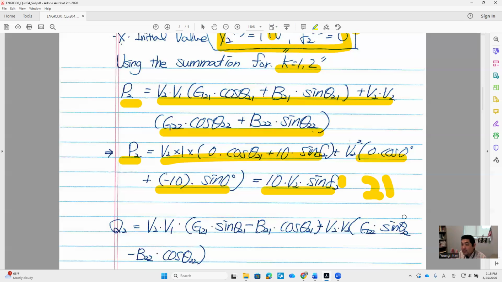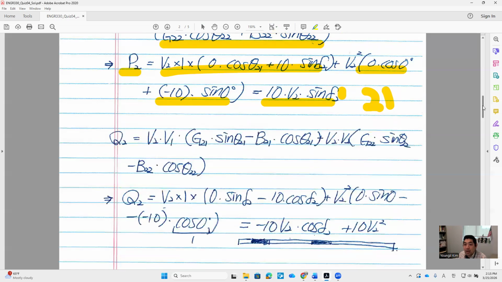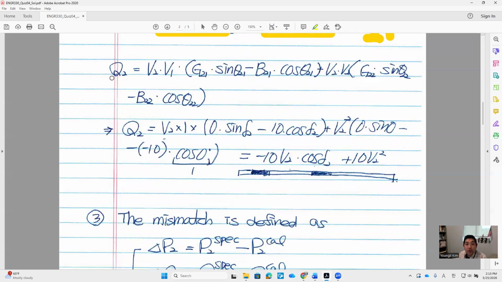But delta sub 2 1 is delta sub 2 minus delta sub 1. Delta sub 1 is what? 0. Okay, so that is what I want to do. And then Q sub 2 is V sub 2, V sub 1, G sub 2 1 times sine zeta sub 2 1 minus B sub 2 1 times cosine zeta 2 1 plus V sub 2 times V sub 2 over G sub 2 2 times sine zeta sub 2 2 minus B sub 2 2 times cosine zeta 2 2.